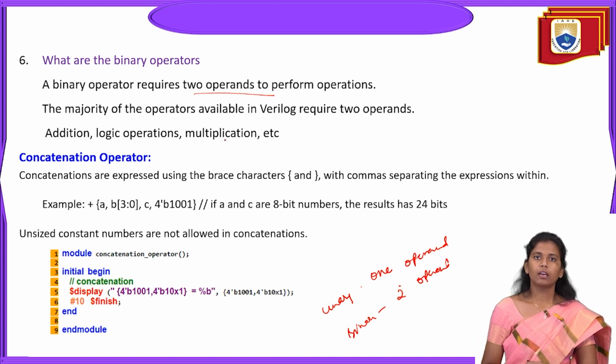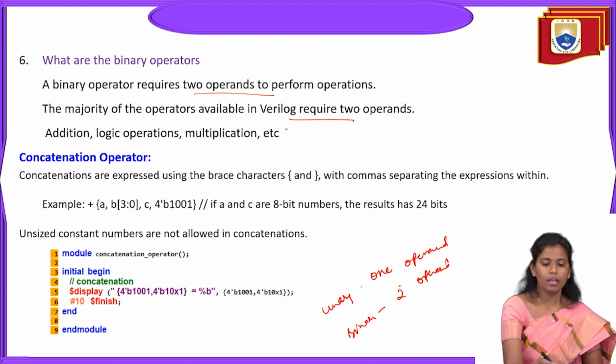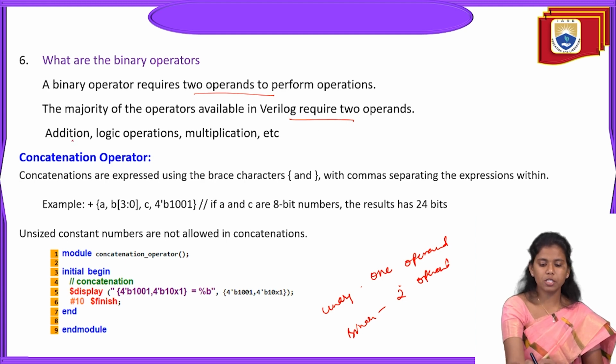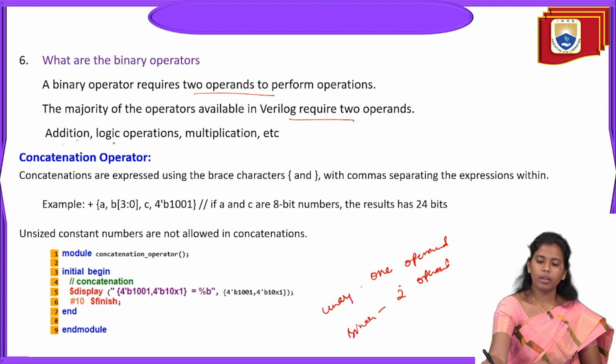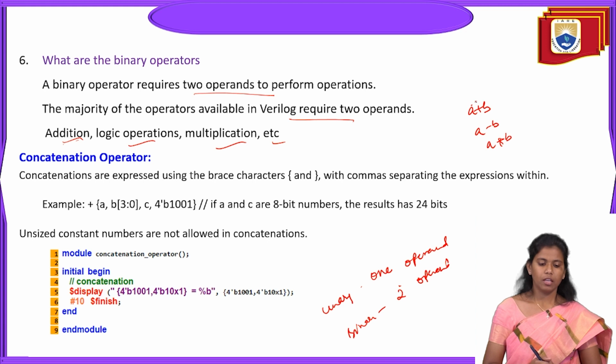So if you want to get some results by using these binary operators, you need two operands. They are meant for addition, logic operations, multiplication, and so on. So A plus B, A minus B, A multiplied by B, the product of A and B. These are the binary operators. Two operands are needed for them.